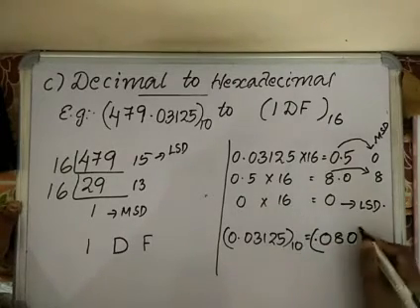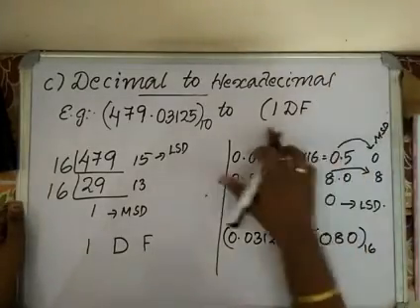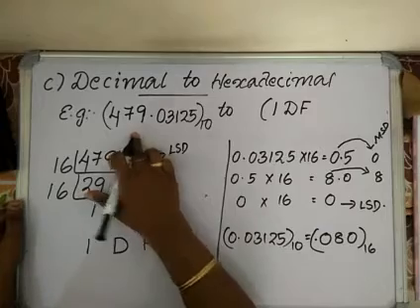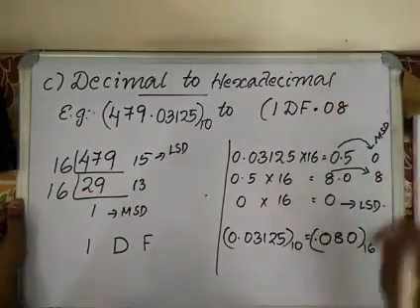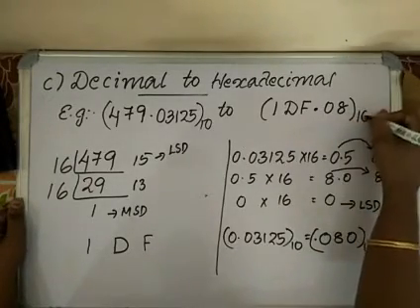Okay. So here we can update it as 1DF representing the integer part 479 point 08, base 16.